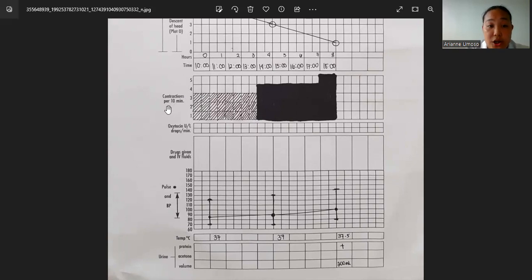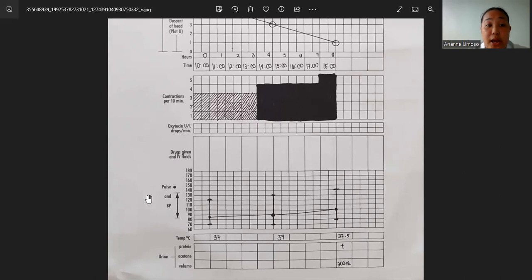Below the contractions per 10 minutes is the oxytocin, units per liter, and drops per minute. Below that is drugs given and IV fluids. Below that are the vital signs, which include pulse rate.